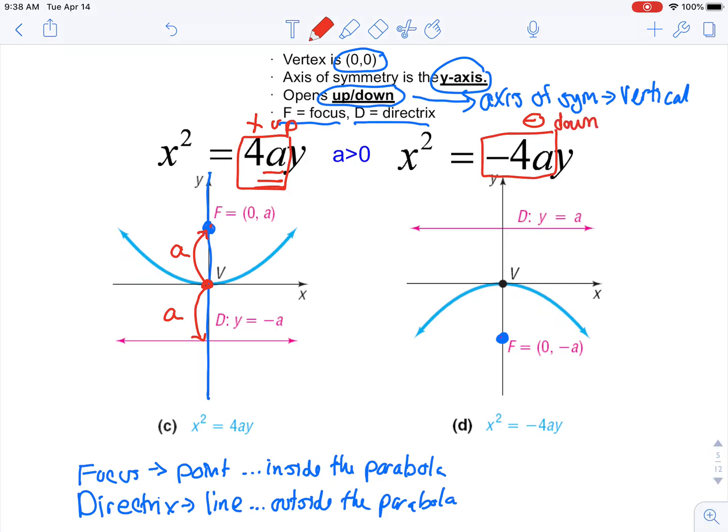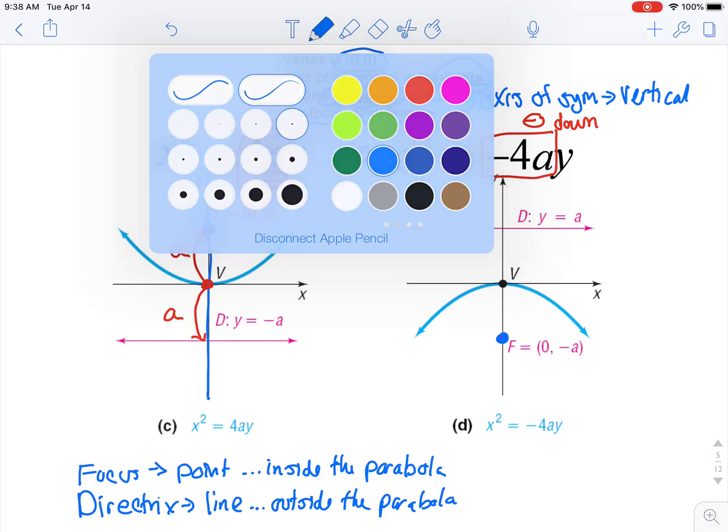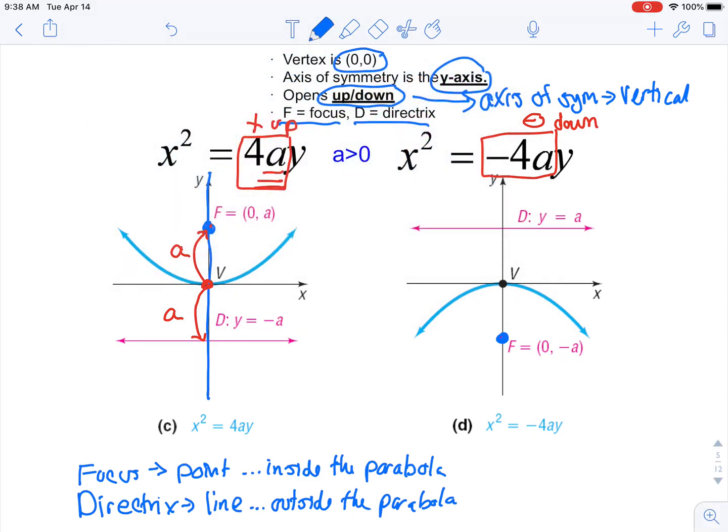And the last thing I want you to notice is the rest of the equation. Parabolas that open up and down are going to have a y and an x squared. Now, you guys are used to seeing equations written in this form, y equals x squared. All we're doing is flipping things around a little bit here. It's still the same key things. If you see a y and x squared, you know that you have a parabola that opens either up or down.